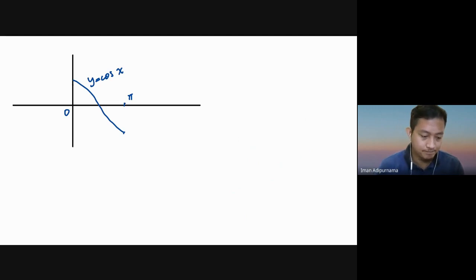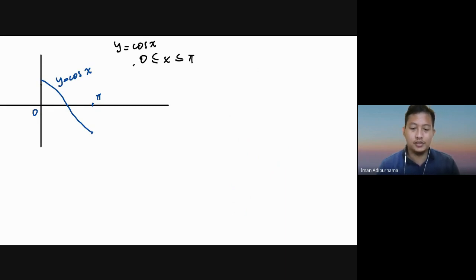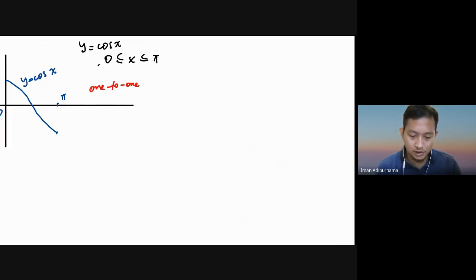Okay, so it's from 0 to pi for the functions of cos x. So this will be 1 to 1, right? 1 to 1. And we can write some terms here.